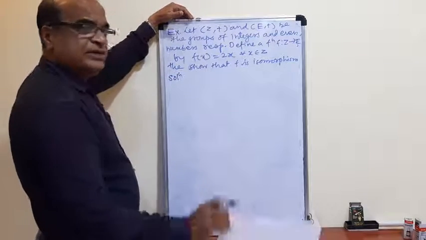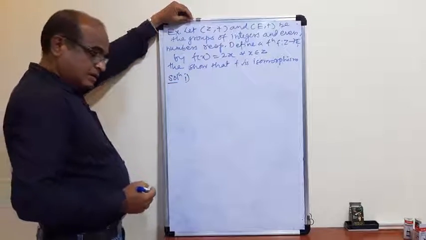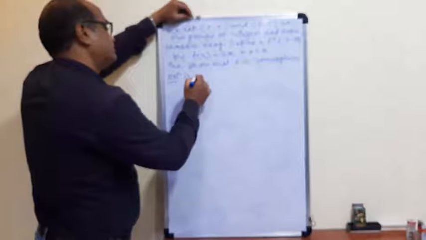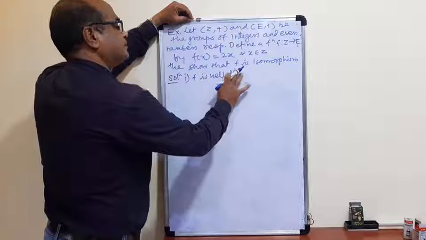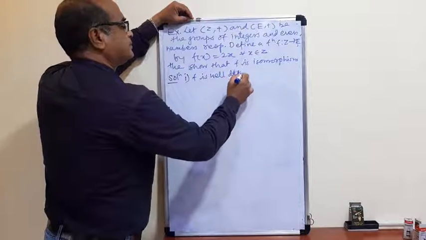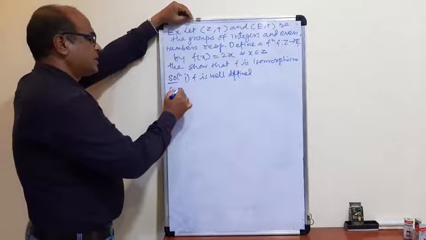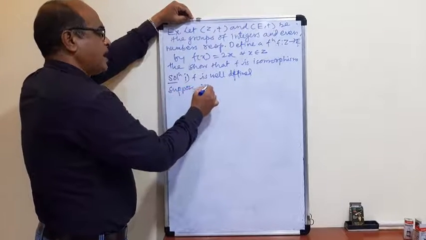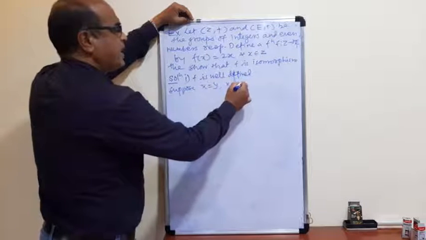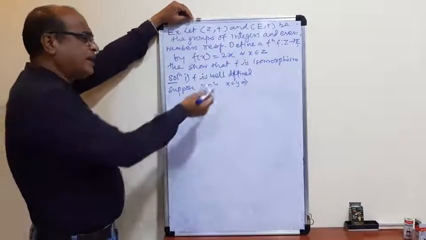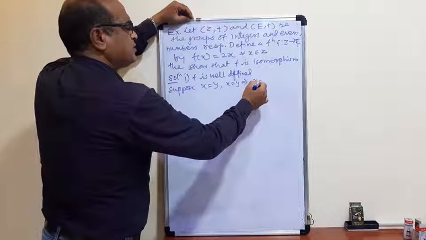So first we prove that the function is well defined. F is well defined. Suppose x is equal to y. Therefore, x is equal to y implies, multiplying 2 to both sides, that 2x is equal to 2y.